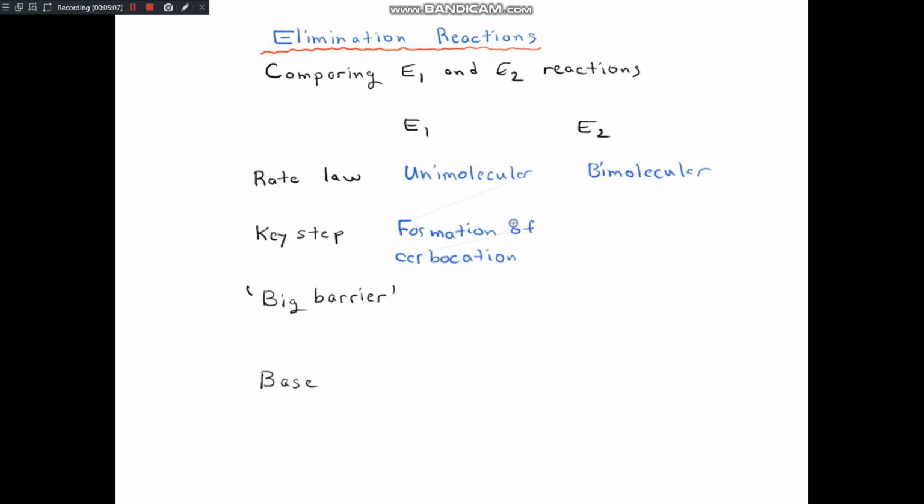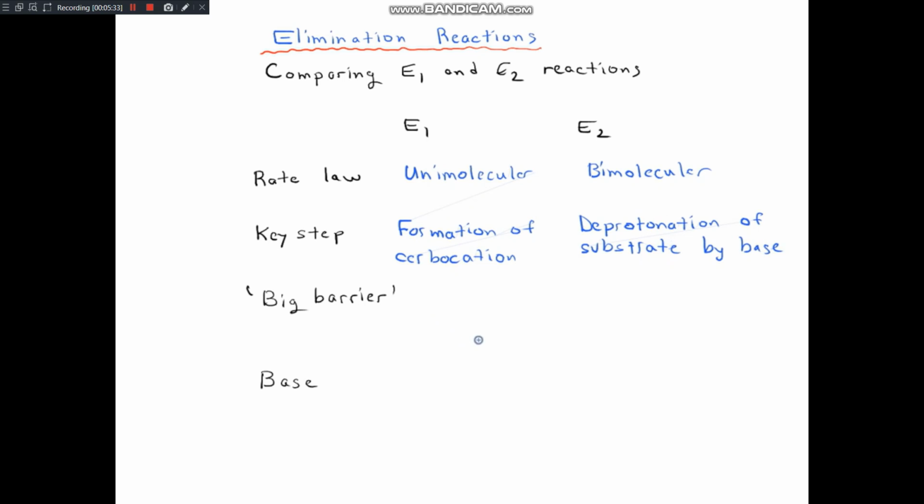So we had both the base and our substrate present in the key step of the E2 reaction. And the key step was deprotonation of the substrate by the base. Okay, so formation of carbocation versus deprotonation of substrate by the base.